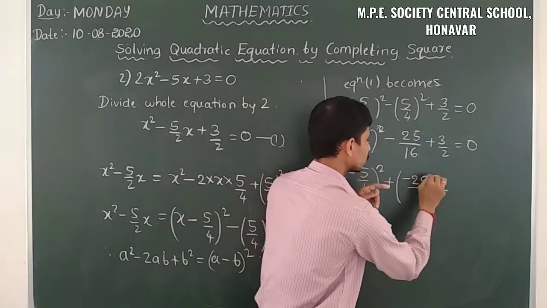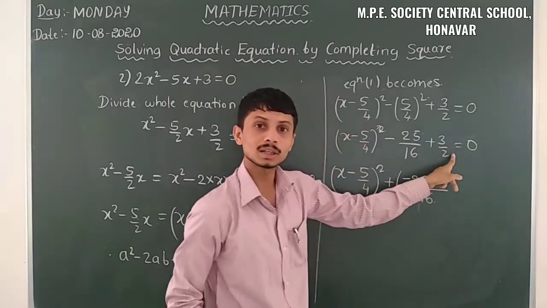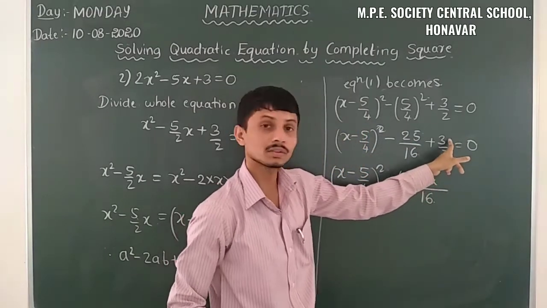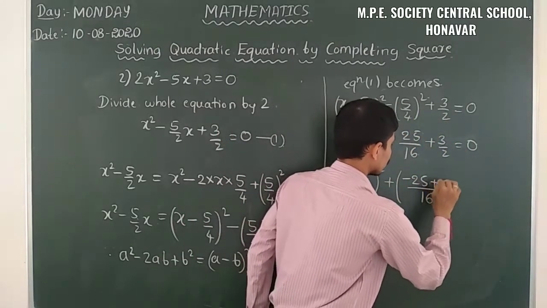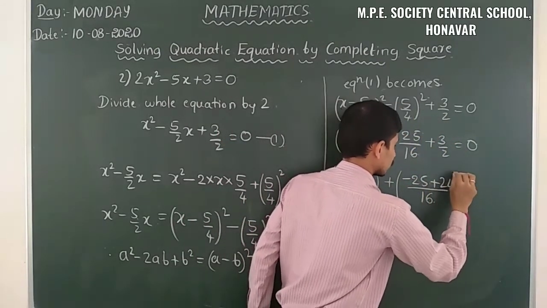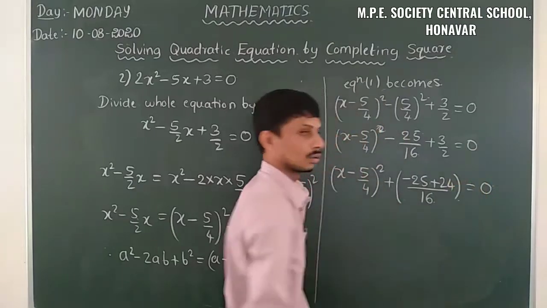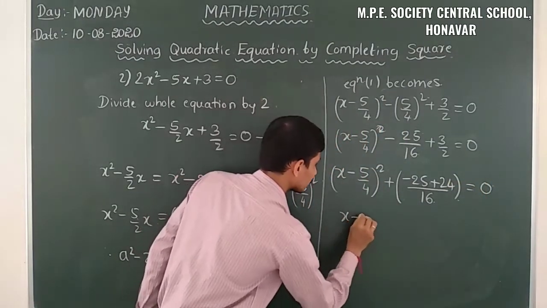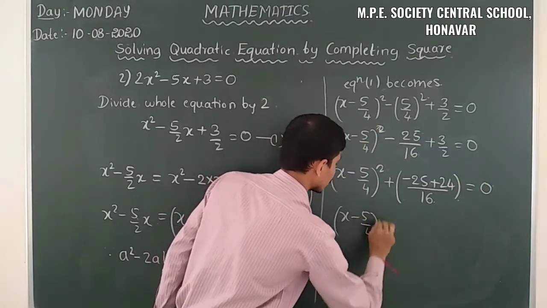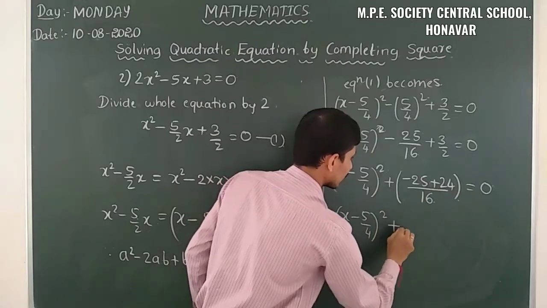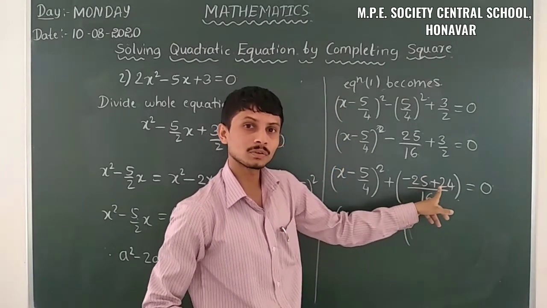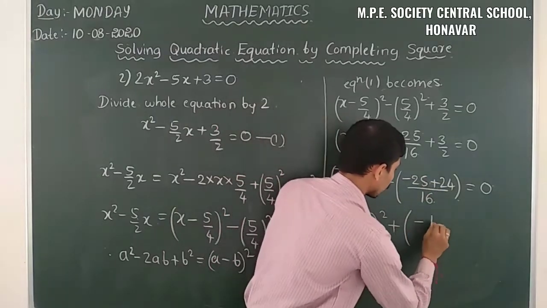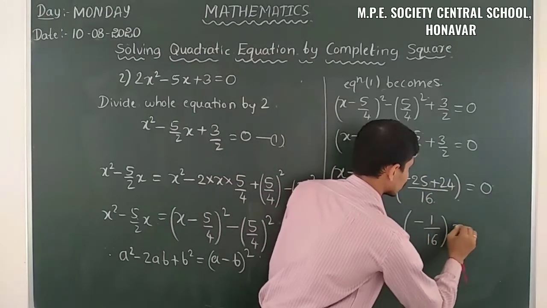That means minus 25 remains. Here we have to multiply with 8, here also multiply with 8. 8 into 3, 24, is equal to 0. Then x minus 5 by 4 whole square remains as it is. Then here minus 25 plus 24 is minus 1 by 16 is equal to 0.